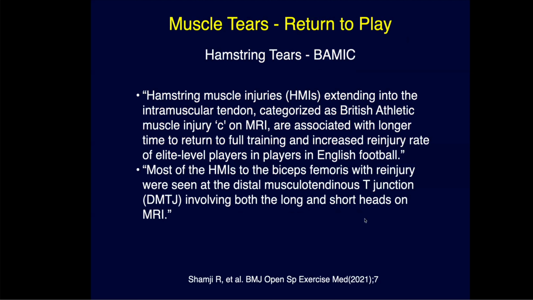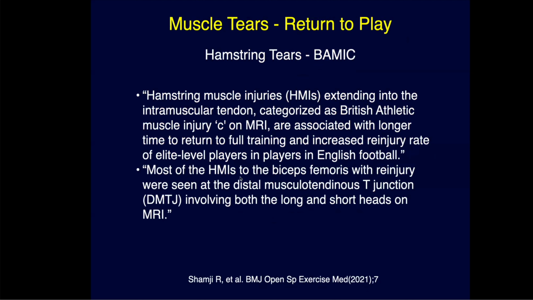And then here is from 2021, published in the British Medical Journal Open Sport and Exercise Medicine, and they had 2 basic results. Hamstring muscle injuries extending into the intramuscular tendon, categorized as British Athletics Muscle Injury Classification grade C on MRI, are associated with longer time to return to full training and increased re-injury rate in elite players in English football, or soccer.